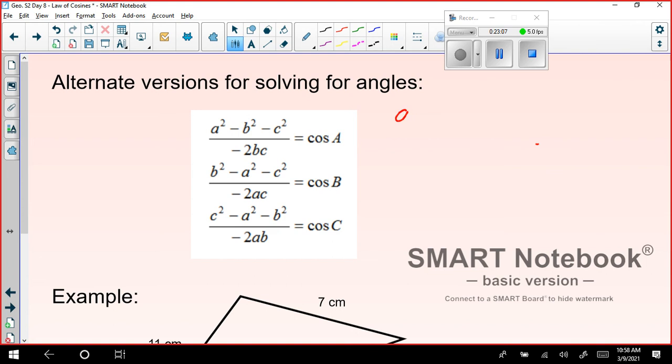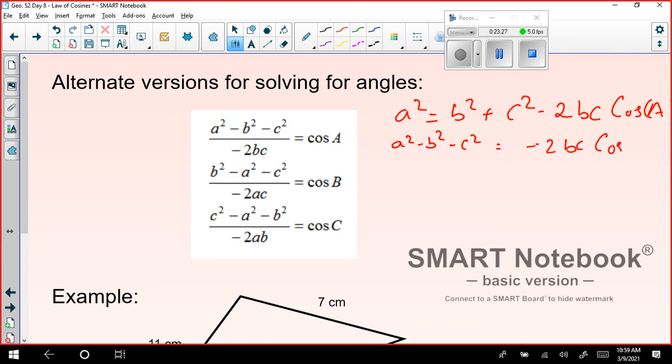Subtract b square and c square on both sides, so you'll have a square minus b square minus c square equals negative 2bc cos A.